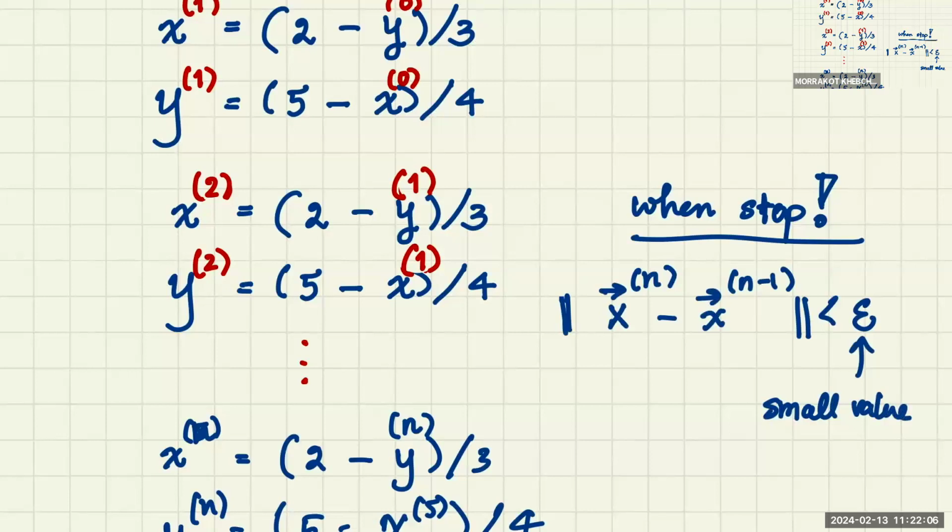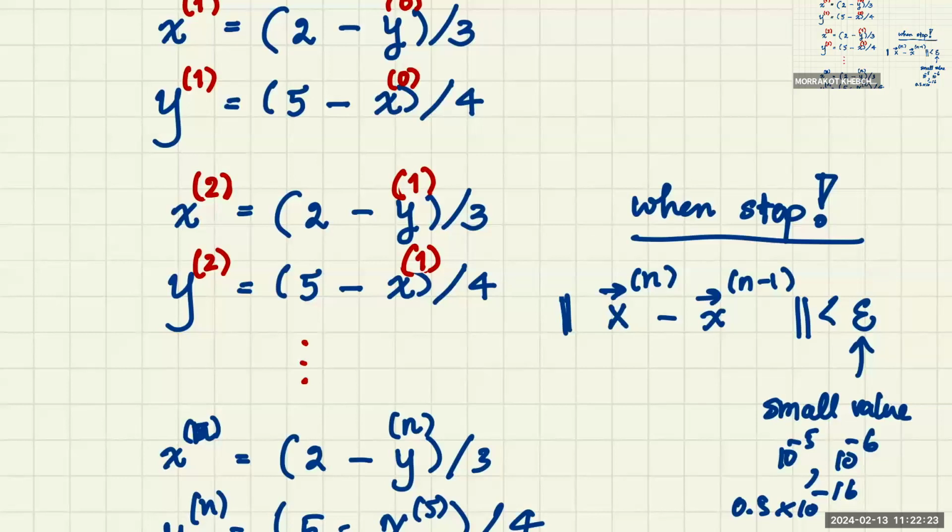These small values may be 10 to the minus 5, 10 to the minus 6, 5 times 10 to the minus 16. It's up to you. But you want whatever you plug in close to the output, okay?